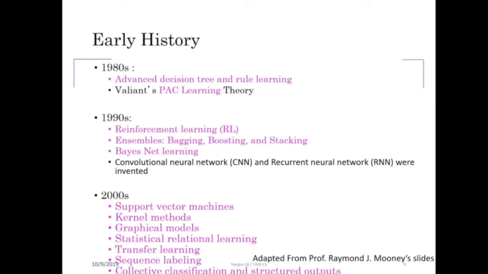Then in the 90s, reinforcement learning, so popular now, was actually invented in the 1990s. Convolutional neural nets and recurrent neural nets, which we now call deep learning, were all invented in the 1990s. There's also some really important work on Bayes nets, invented in the 1990s, and also boosting, ensemble of trees, and stacking.